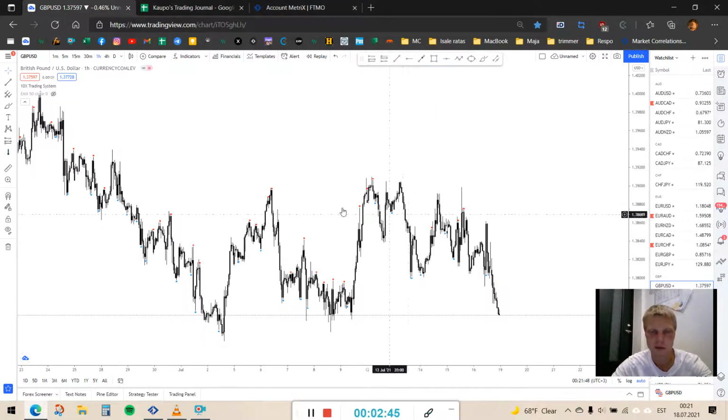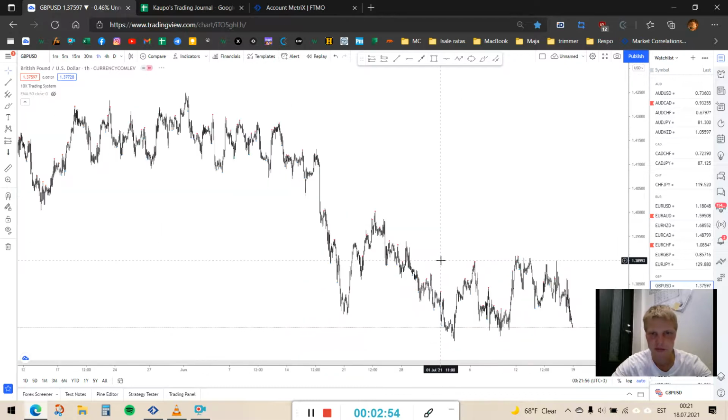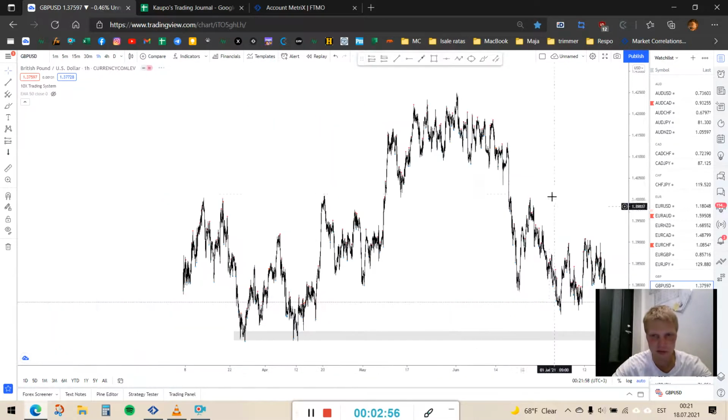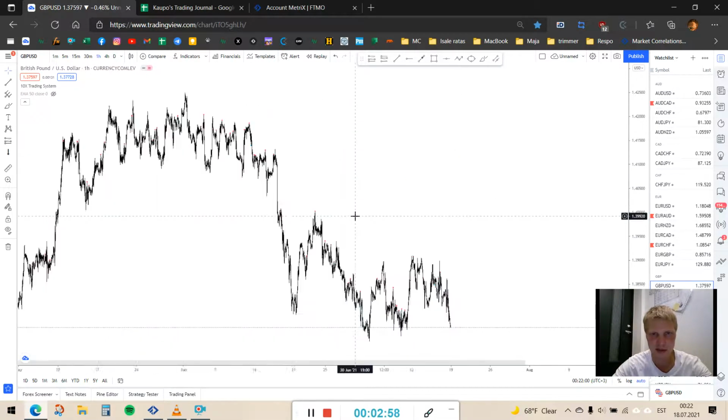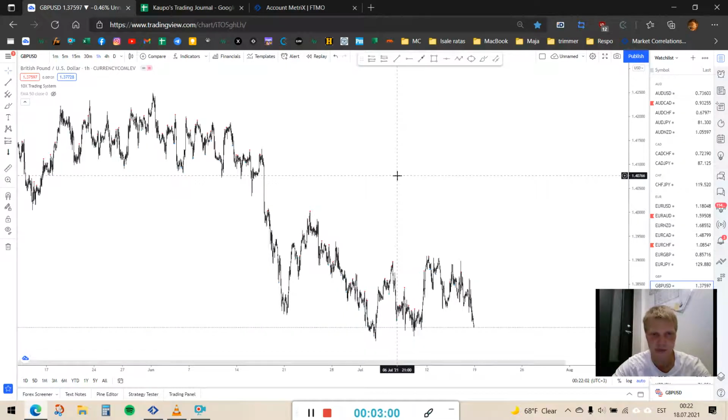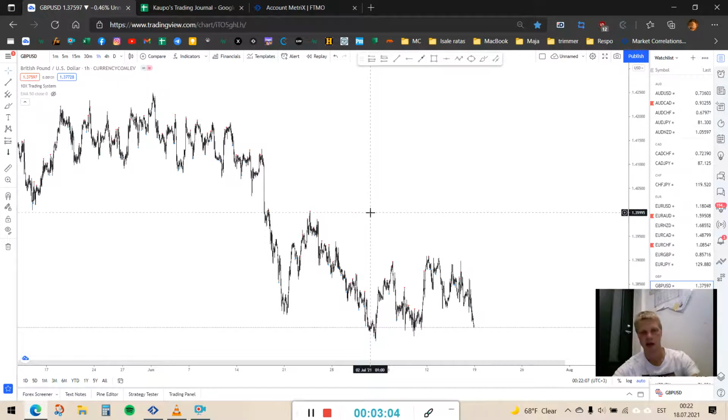Some of them I've already deleted because I don't want to leave stuff on my charts, because they kind of distract me a little bit. So I try to keep my charts as clean as possible, because sometimes when I've got a lot of zones or arrows or stuff like that, I kind of miss the flow of the market.